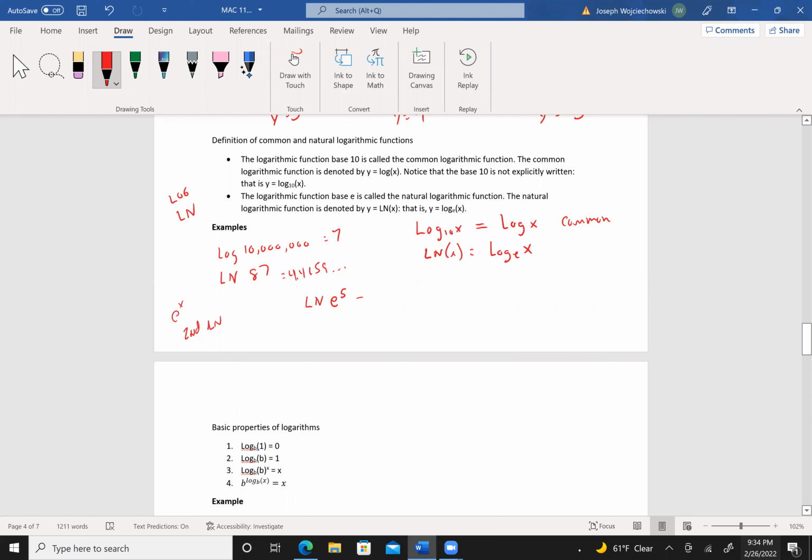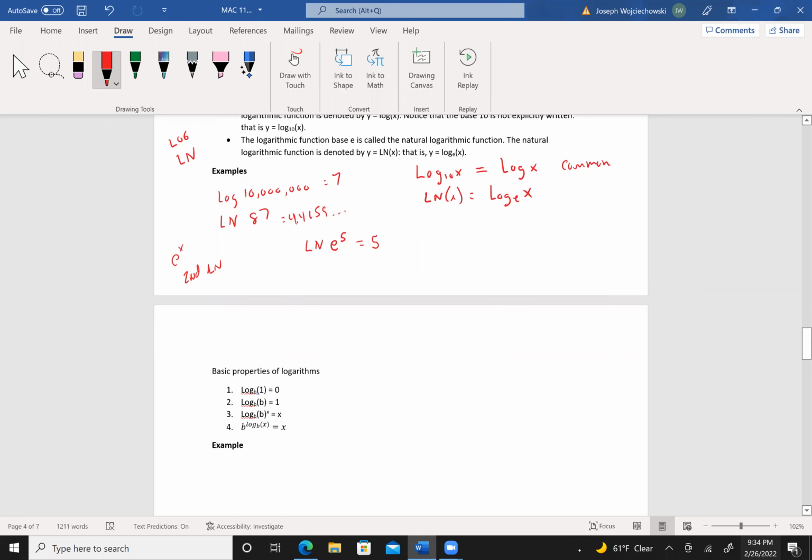And of course, this is just going to be 5. You can do that for anything with a common log, which is base 10, or the natural log, which is base e.